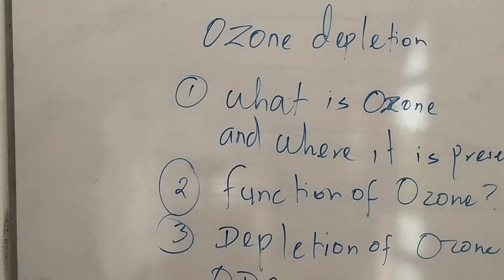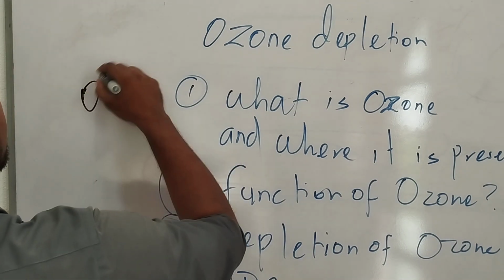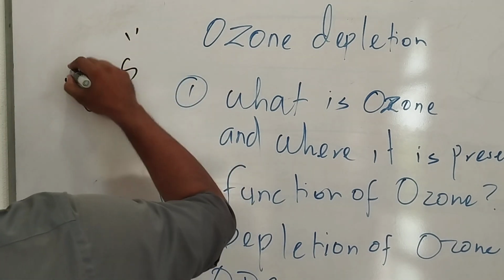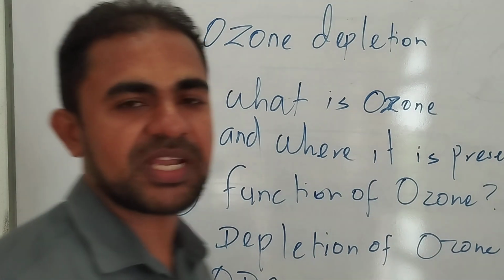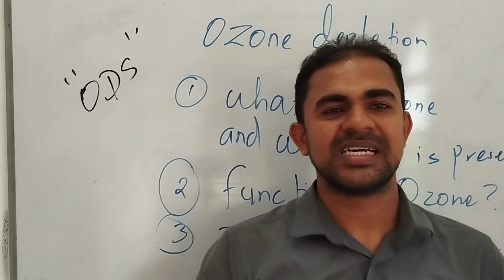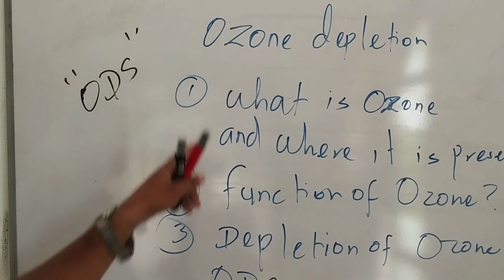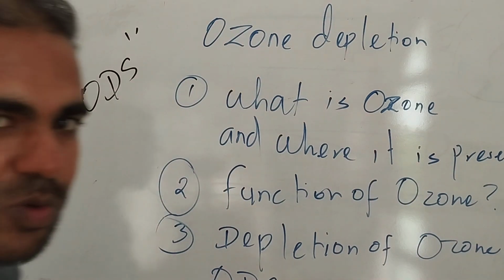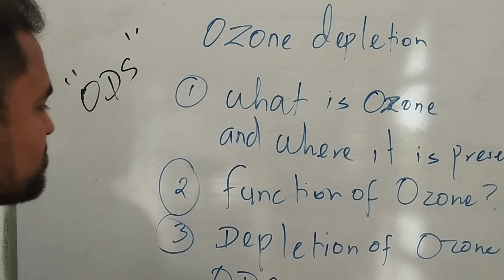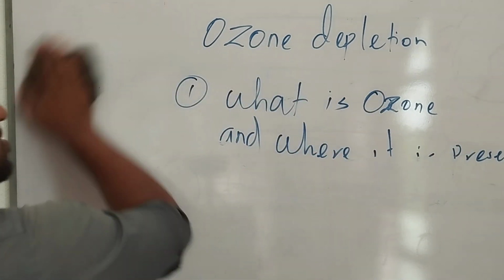ODS means ozone depleting substances, the chemicals. So we are going to discuss the first thing, what is ozone and where it is present. One by one, we will discuss.